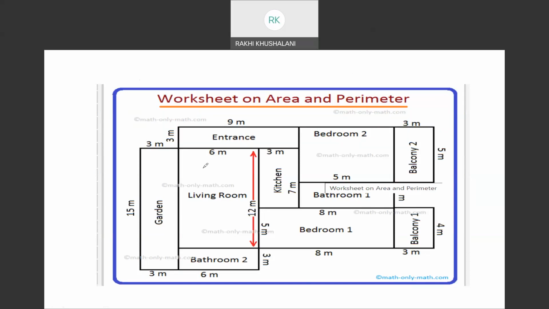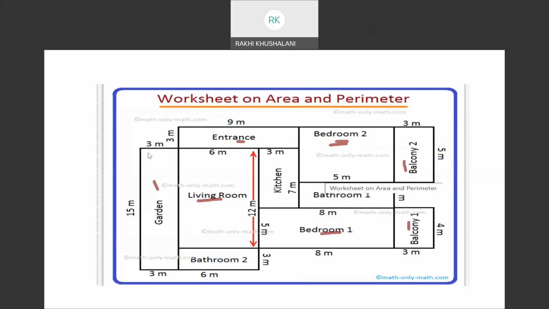The architect said this is the garden. This is going to be the living room. This is going to be the entrance of the house. This is going to be bedroom 1, bedroom 2. Both the bedrooms have got lovely balconies, and this is a common bathroom. Now the architect gave you an idea of what is going to be the measurement in meters of all these sections in the house.